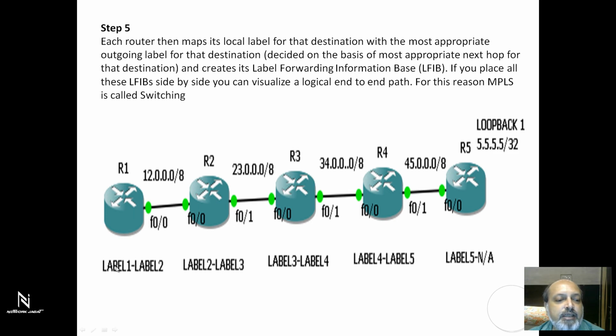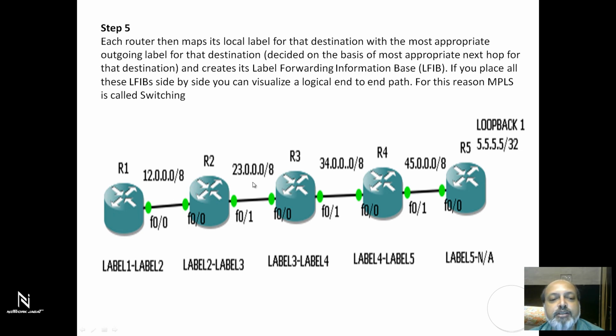See, if you draw an imaginary string between them, so label 1 to label 2, label 2 to label 3, label 3 to label 4 to label 5, and finally to the destination. So you can very easily visualize a logical or virtual path. This is not a physical path.